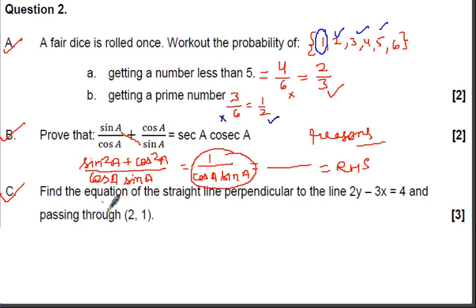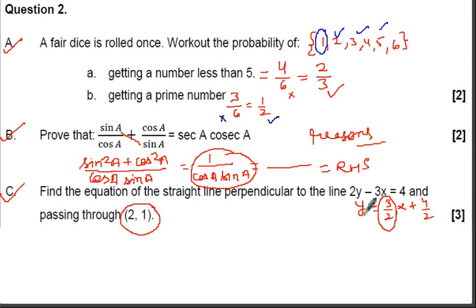When we come to this C part, find the equation of a line. For the equation of a line, you need a slope and a point. So 2 points are given, the coordinates of the points are given, and you have to find the slope. They said the equation perpendicular to this line, so you can find the slope of this line. So y equal to 3 upon 2 x plus 4 upon 2. I am not bothered about this, I need only the slope.